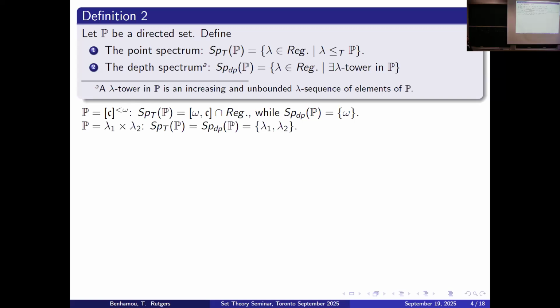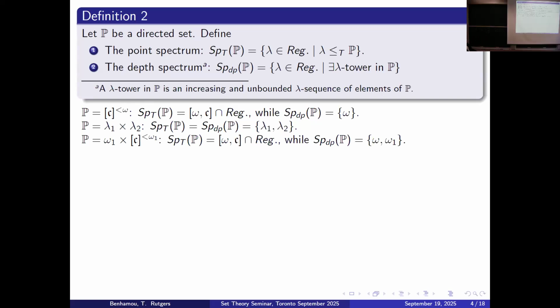Okay, a product. If you take a product of just two regular cardinals, you get that the depth spectrum is those two cardinals. In general, the spectrum of the product is the union of the spectra, and the depth spectrum of the product is also the union of the depth spectra.